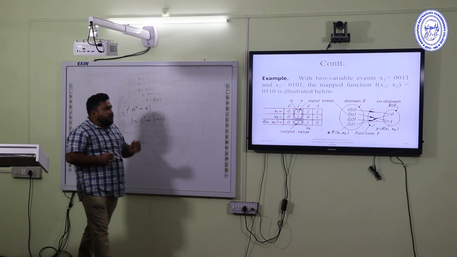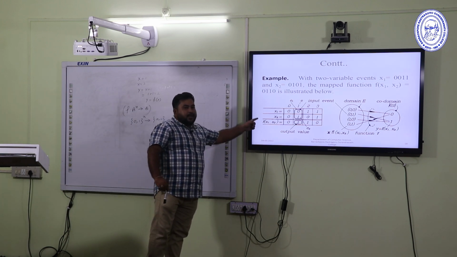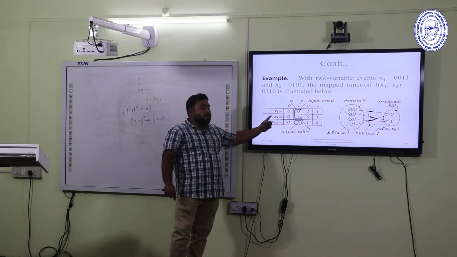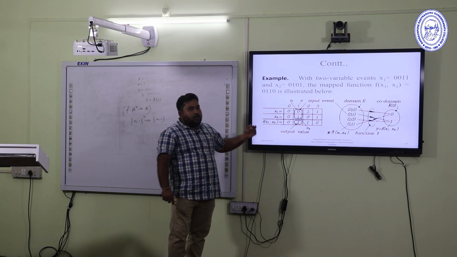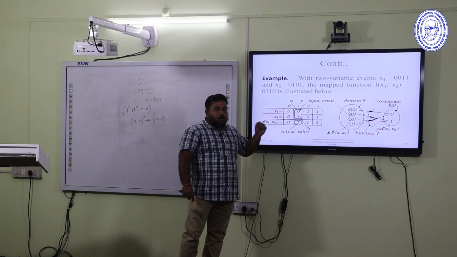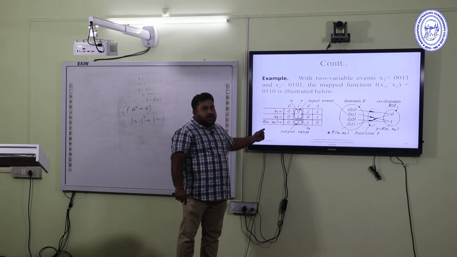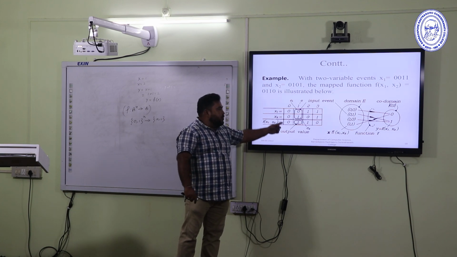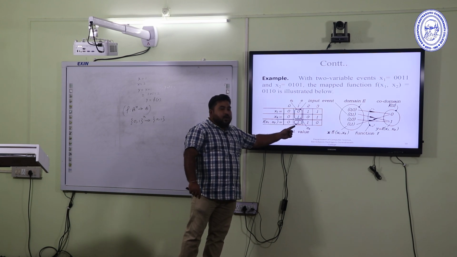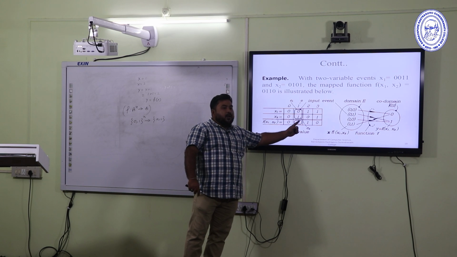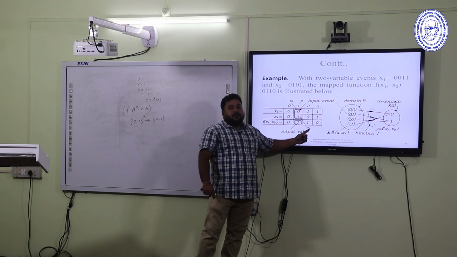So now take an example. If we take x1 and x2, two variables, they combine in this way: 0 0, 0 1, 1 0 and 1 1, and it will map only to either 0 or 1. From this function value, f of x1 and x2, we get 0 0, the value is 0. From 0 1 we get the value 1. From 1 0 we get the value 1, and from 1 1 we get the value 0.